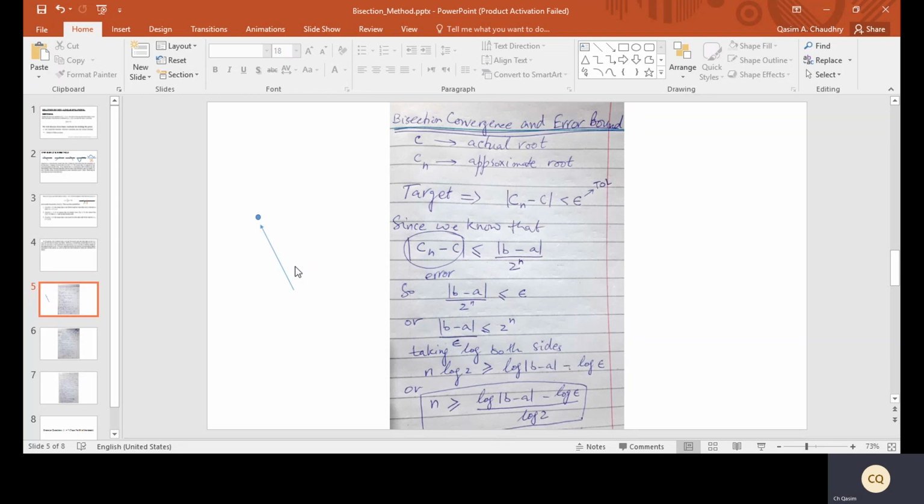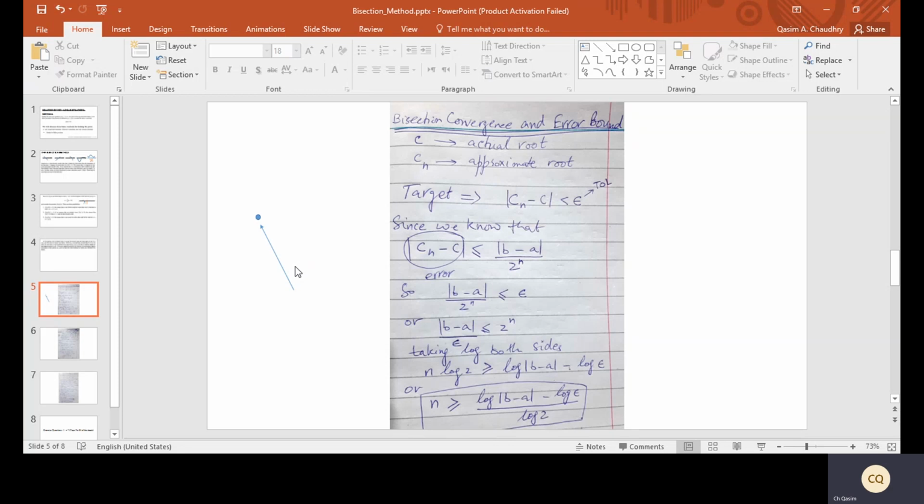So now you will use that concept of tolerance which I already told you. In simple words, tolerance means what you consider as a tolerance in this case. One thing is your actual root, and in the beginning in the equation you don't know the exact value of the root.